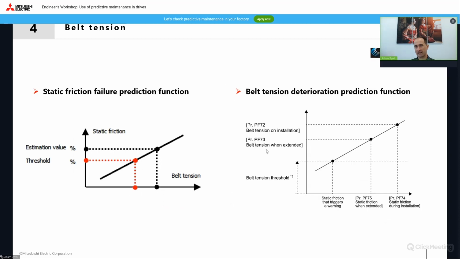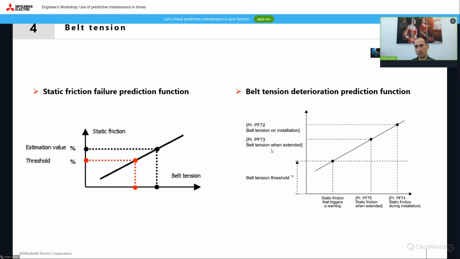And we can use this functionality in two ways. One is a little bit more simple, and the second is maybe a little bit more complicated, and needs some more parameter settings. In the first case, the static friction failure prediction function, we do the same as with the vibration and with dynamic friction.